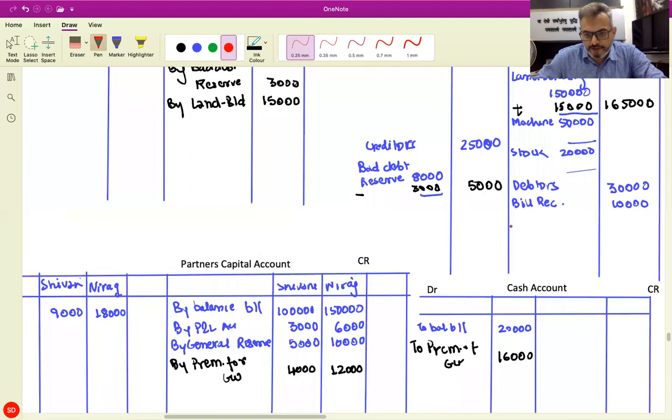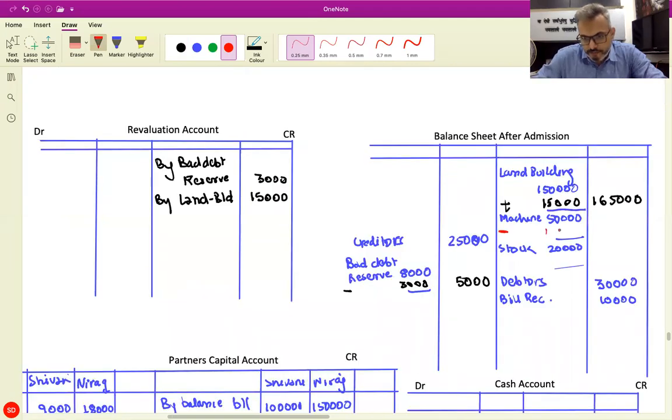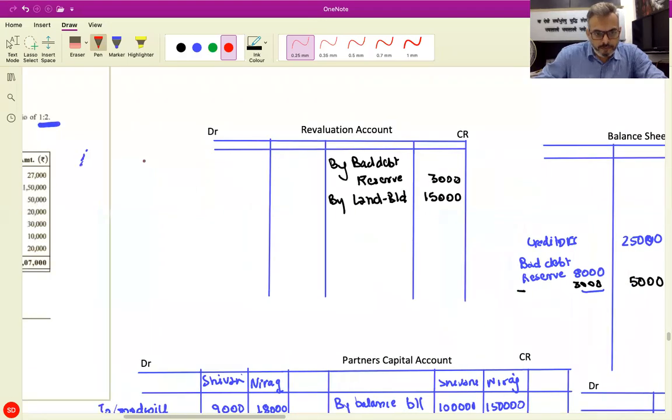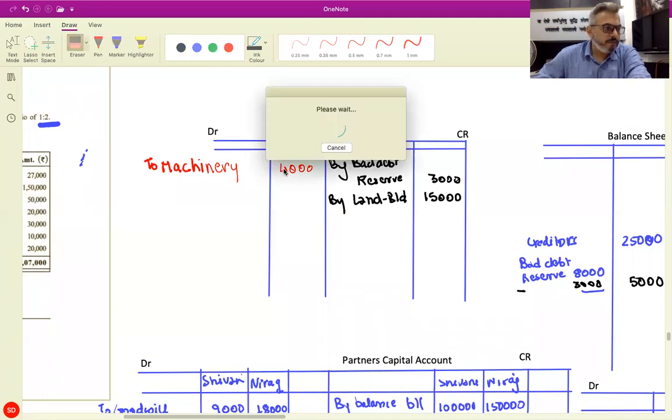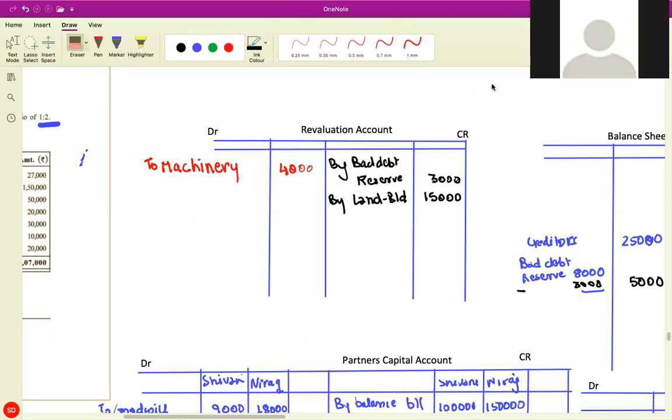So machinery we have to actually decrease by 10,000, from 50,000 to 40,000.